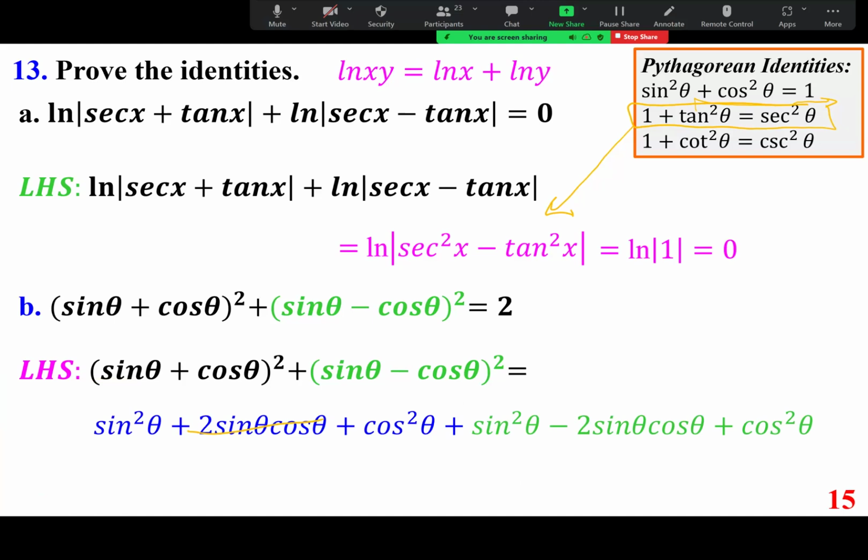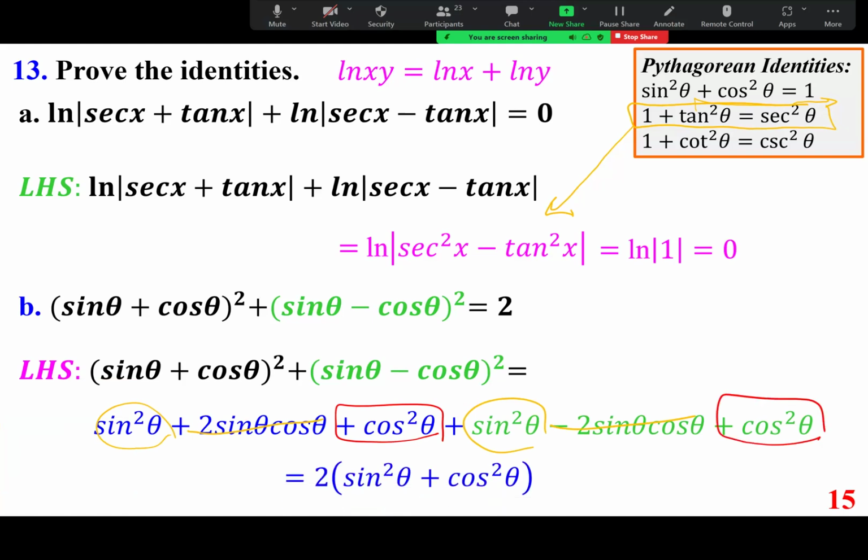Two sine theta cosine theta and the opposite of that cancel each other. So we have 2 of sine squared, 2 of cosine squared, and of course, this is 1. So the answer is 2. Very straightforward, everybody. I hope everybody's fine with that.